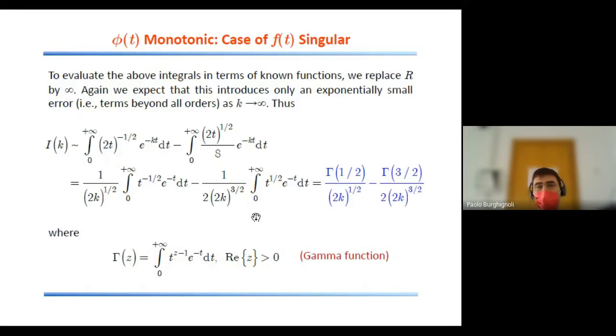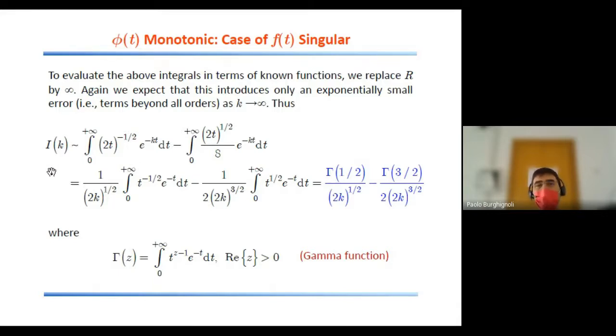So what you can see here in blue is the exact evaluation of those integrals, which will give you the dominant asymptotics of the function at the left-hand side.